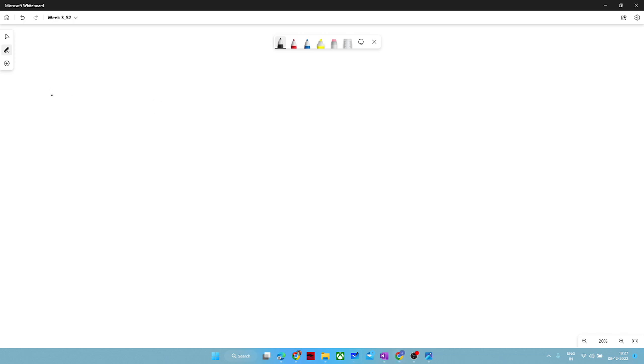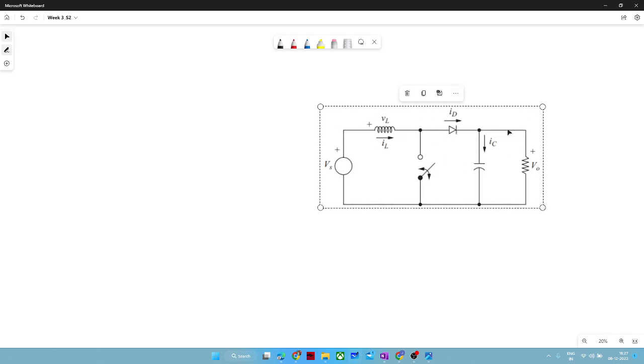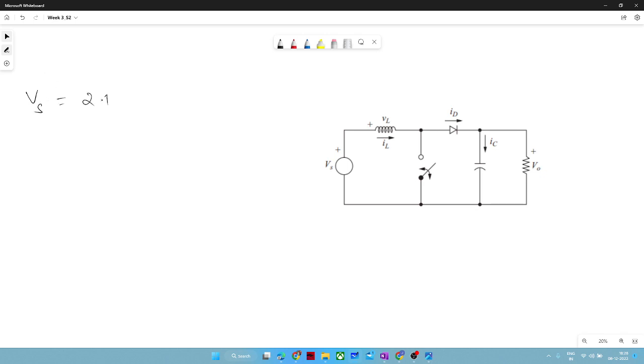So let us take first, I will bring back the circuit so that we will not be distracted from the circuit. So this is the circuit here. And here Vs is 24 volt.